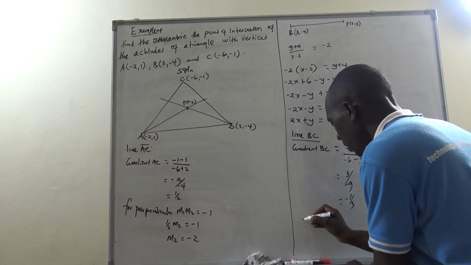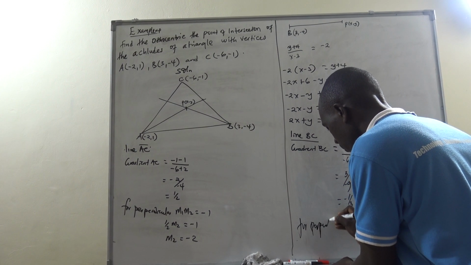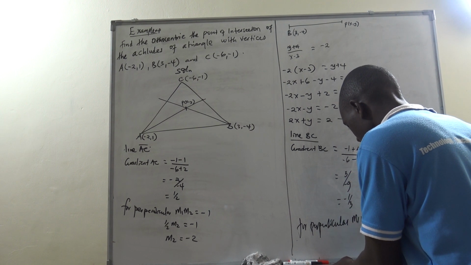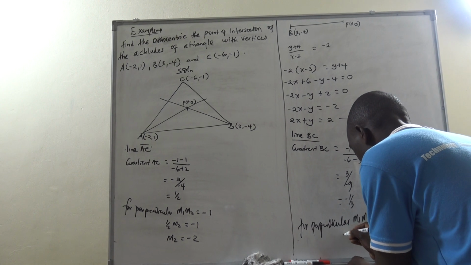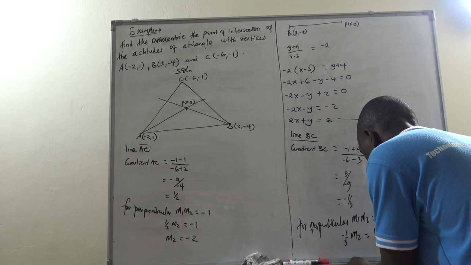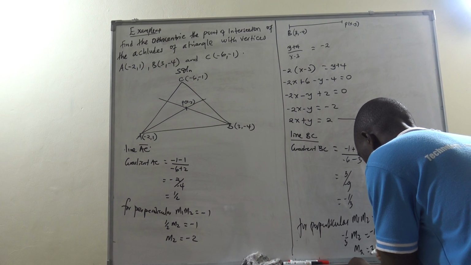So we said for perpendicular lines, M1 times M2 equals -1. So when we do that, we are getting -1/3 times M2 equals -1. So M2 alone equals 3.